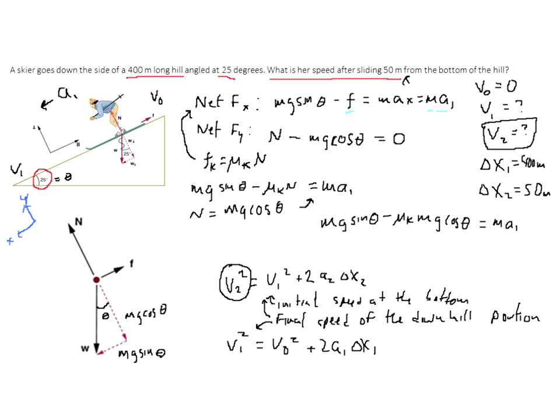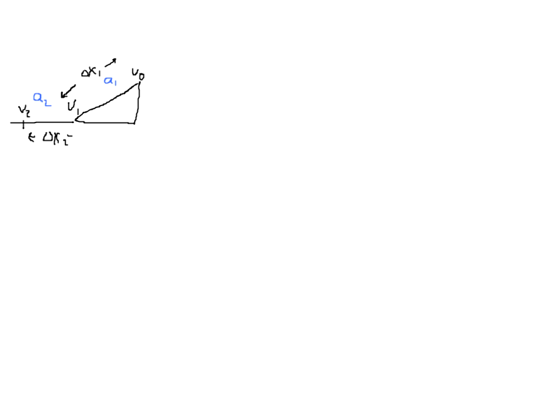And if you look here, let's use a different color for this. The m's cancel out, and we end up with a1 equals g sine theta minus mu sub k g cosine theta.